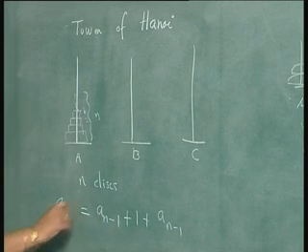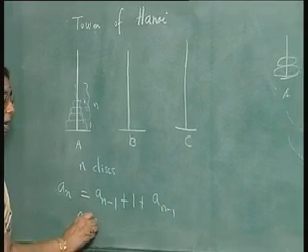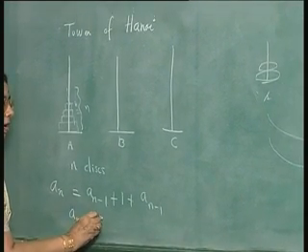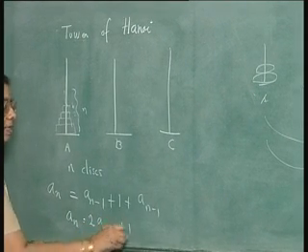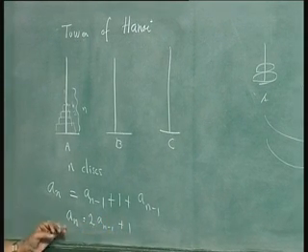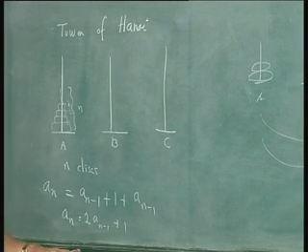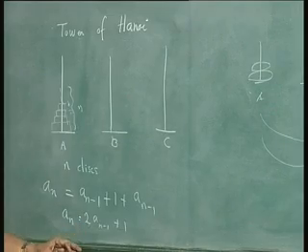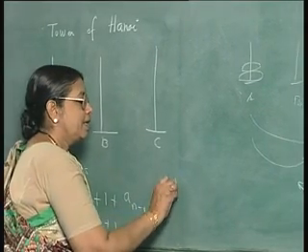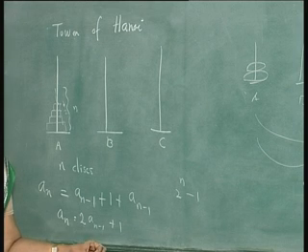So, you can see that the number of steps required to transfer n disks will be twice the number of steps required to transfer n minus 1 disks plus 1. This type of equation is called a recurrence relation, and the number of steps is really given by 2 power n minus 1, which you can see.